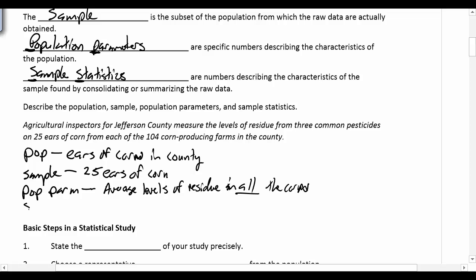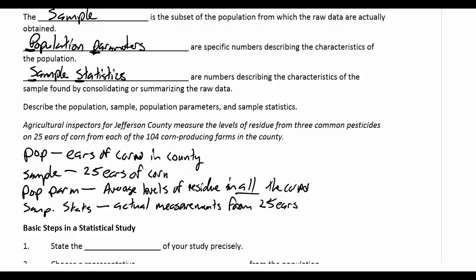And the sample statistics would refer to the actual measurements we got from the 25. Okay, so hopefully we're starting to get the sense that sample is very specific based on what we collected, whereas population is more general and based on what we're trying to make an analysis of.